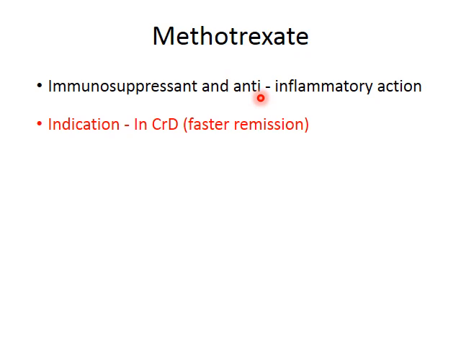Methotrexate is also known as an anti-cancer drug in various conditions. In inflammatory bowel diseases, the main action produced is suppression of the immune system as well as a localized anti-inflammatory effect. It is used as a second line drug in inflammatory bowel diseases. It may be needed in Crohn's disease, where it achieves a fast remission, and then azathioprine or other immunosuppressant drugs can be added for maintenance therapy.